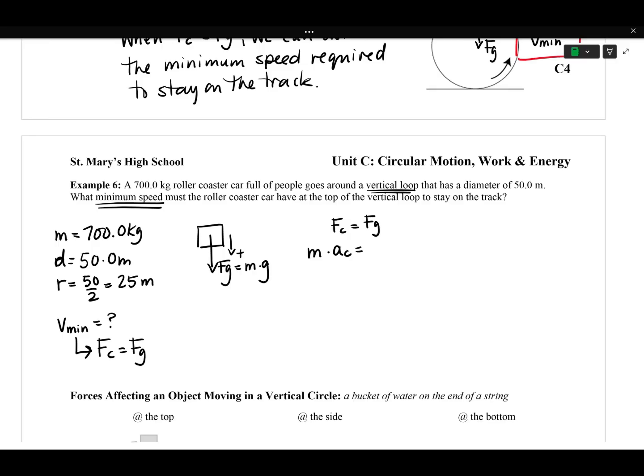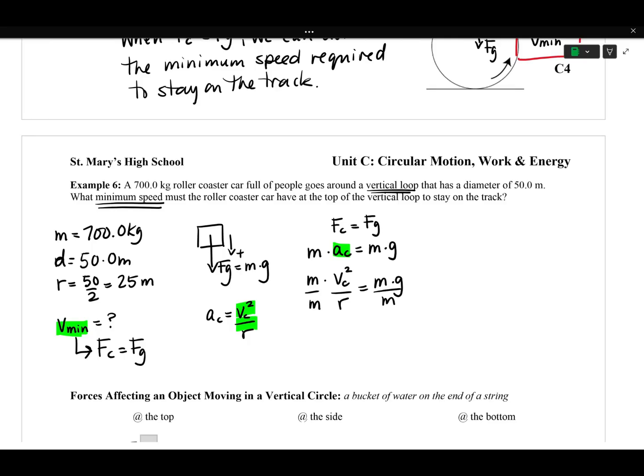Centripetal force is also equal to mass times the centripetal acceleration, and the force of gravity is m times g. I'm still looking for this minimum speed, so I have to remember that centripetal acceleration is v squared over r. I'm then going to plug this in for my centripetal acceleration. So now this becomes mass times circular speed squared over r is equal to the mass times g.